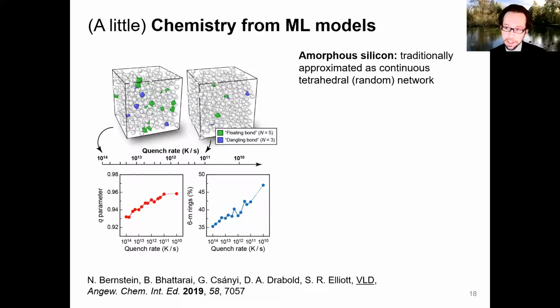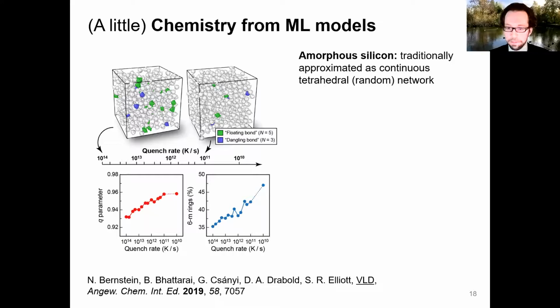And now we can go and study the structural ordering as we make progressively more relaxed silicon samples. The traditional indicators would have been, for example, the tetrahedrality. This is the Q parameter, which is 1 for ideal tetrahedra. And the medium range order would be quantified, for example, by counting the 6-membered rings.